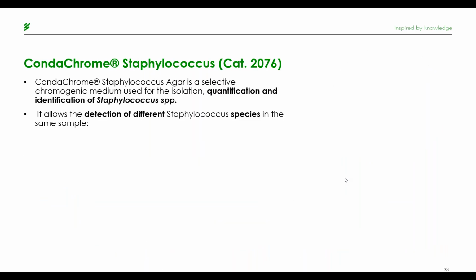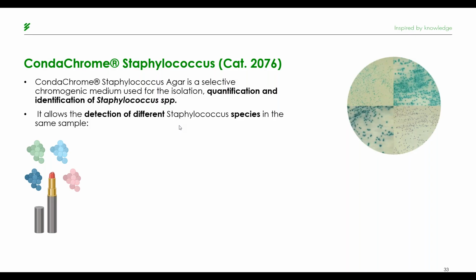The next microorganism of obligatory detection by the ISO standards is Staphylococcus aureus, which you can detect using our product Condochrome Staphylococcus. It allows you to detect the Staphylococcus bacterium in only 24 hours. Our product also allows you to detect many other species of Staphylococcus in your sample if you need to.